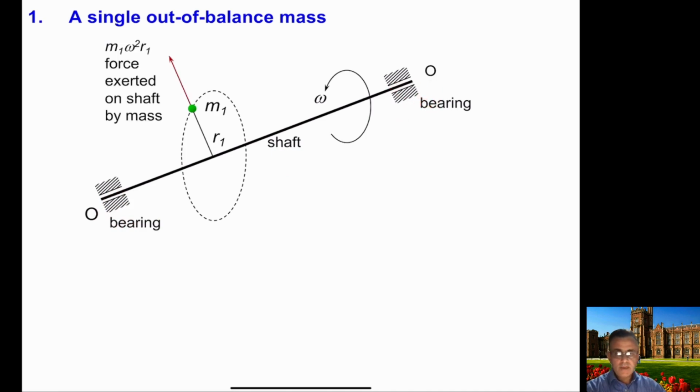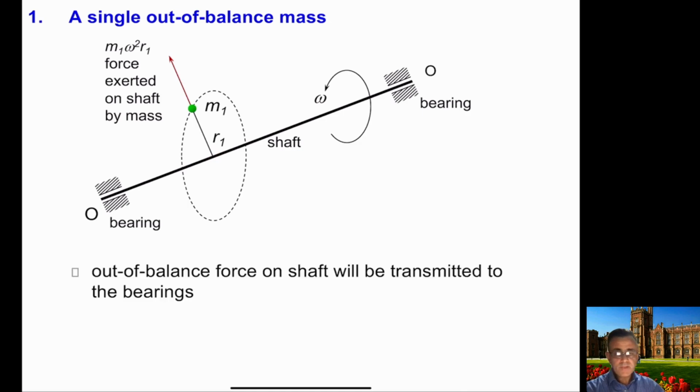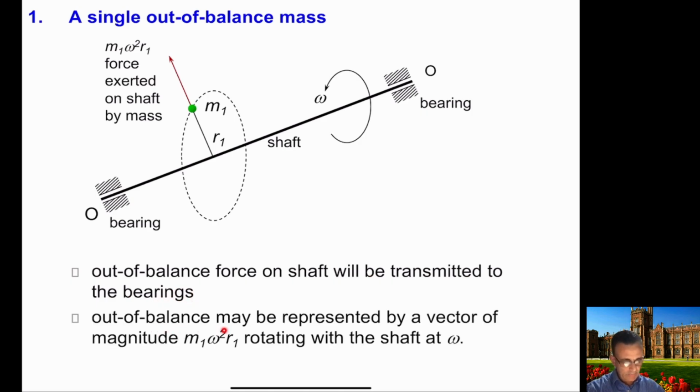Okay, so as we can see, because the shaft is rotating at some angular velocity, there will be a centrifugal force m1 omega square r1, which this mass will exert on the shaft, and this out of balance force on the shaft will transmit to the bearings, and may be represented by a vector of magnitude m1 omega square r1 rotating with the shaft at omega.